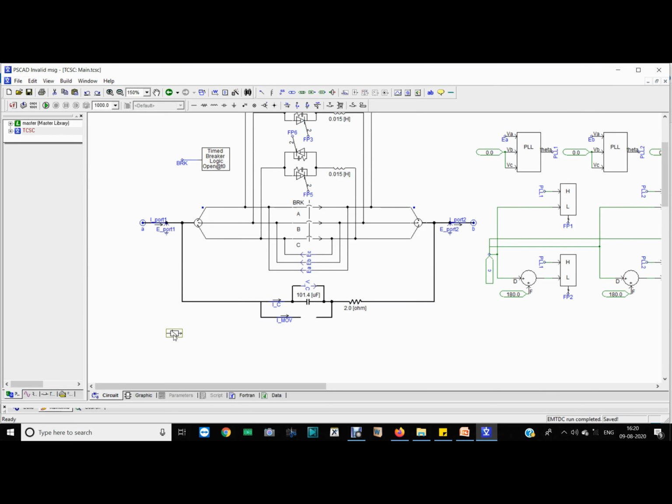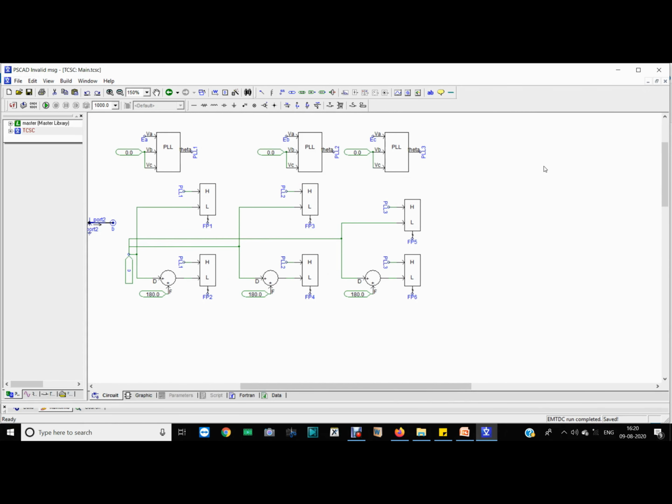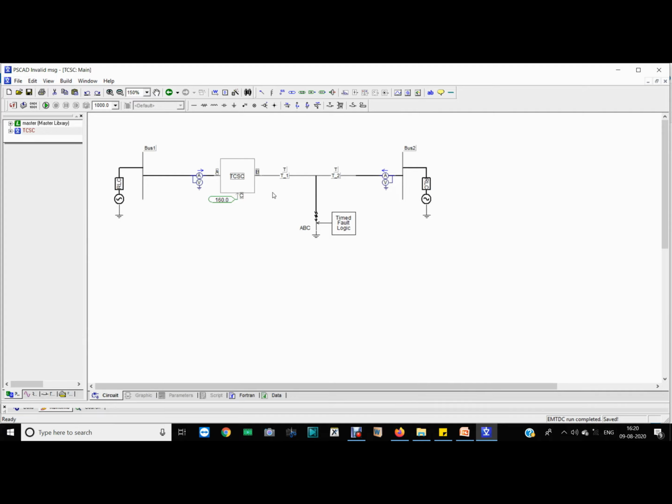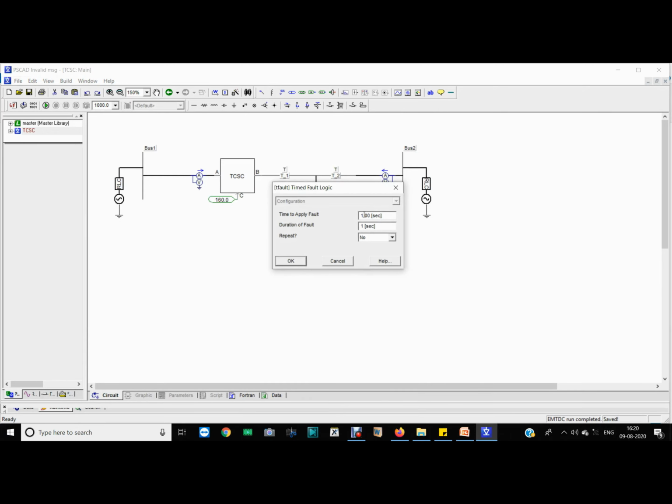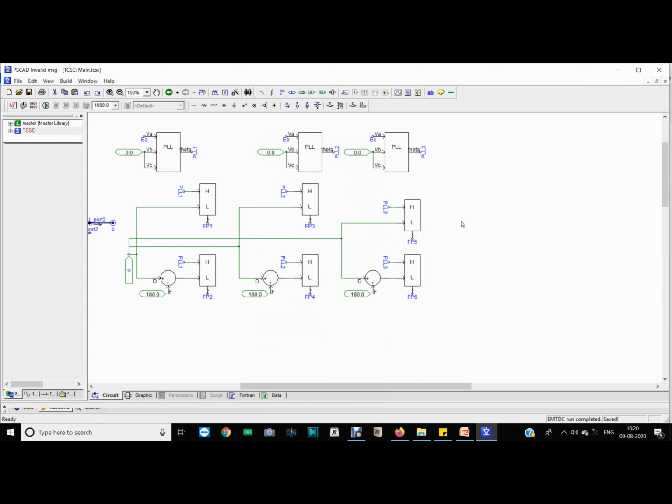At first, we need to see the firing pulse, whatever firing pulse is happening. Take this as 3 seconds. At 3 seconds the fault will start, right?